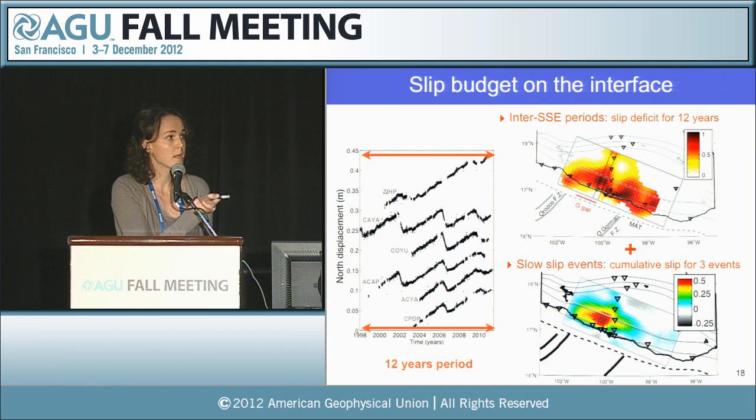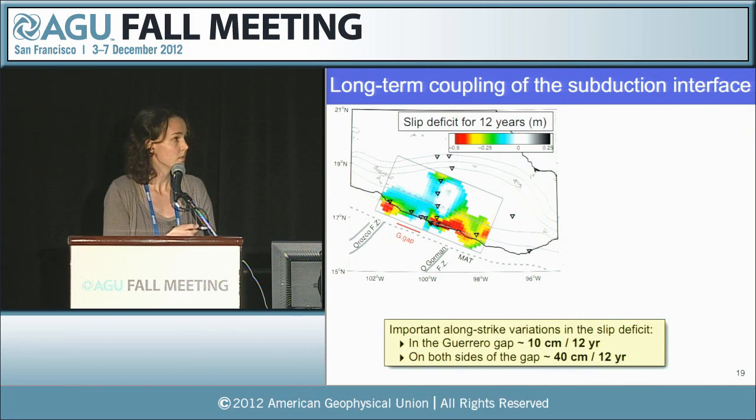And we can also consider the cumulative slip corresponding to the 3 slow slip events. When we add these two terms, we get an idea of the long-term coupling of the subduction interface. By long-term here, I mean only the 12 years that we have considered. So this is the image of the slip deficit for 12 years.